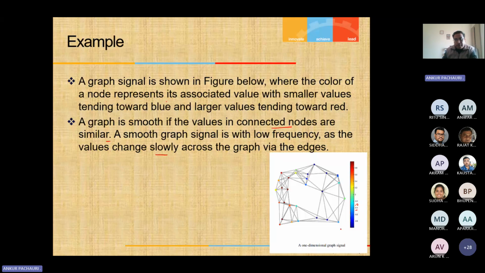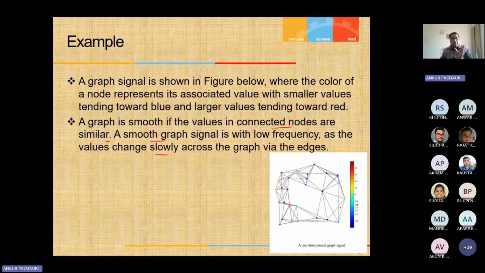That means all the neighbors of dark blue will be light blue and greenish colors. Neighbors of this gray, or whatever the color of 0 is, will be either yellow or light blue. That transition we call smooth.